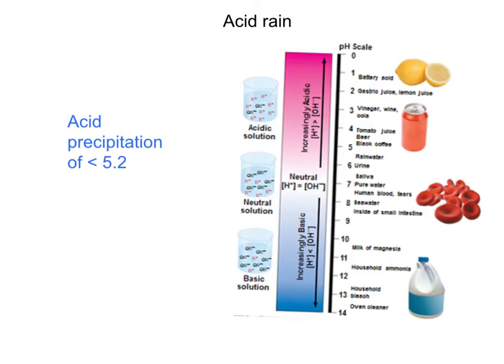So another human impact example affecting the pH of things would be acid rain. Again, it's going to come back to our burning fossil fuels. When we burn fossil fuels, we release sulfur oxides and nitrogen oxides.